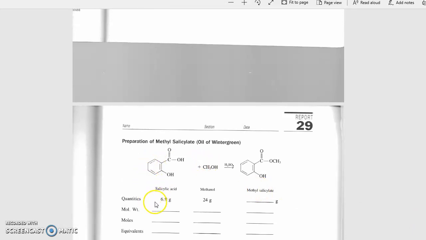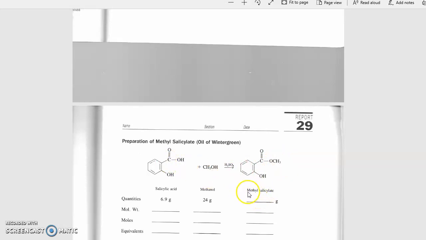In this particular one, you start off with 6.9 grams of salicylic acid. You have an excess of the methanol, quite a bit of an excess of the methanol. And then you are forming the addition right up here of this methyl group in place of this hydrogen.